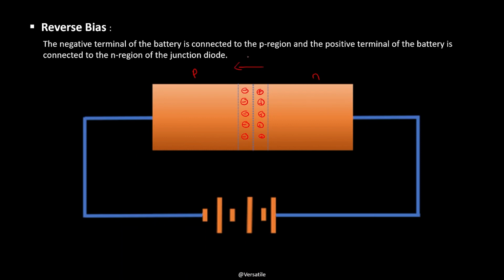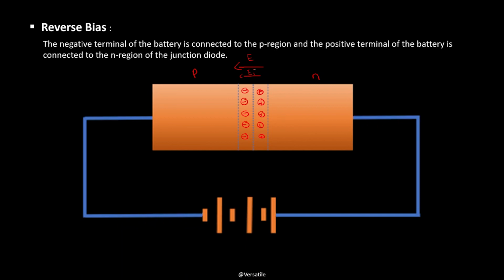So the external electric field is acting from positive to negative side, and the internal electric field EI is also in the same direction. And this results in a stronger electric field, which is reflected by a corresponding increase in the width of the depletion layer as the quantity of ions in the junction increases. How?